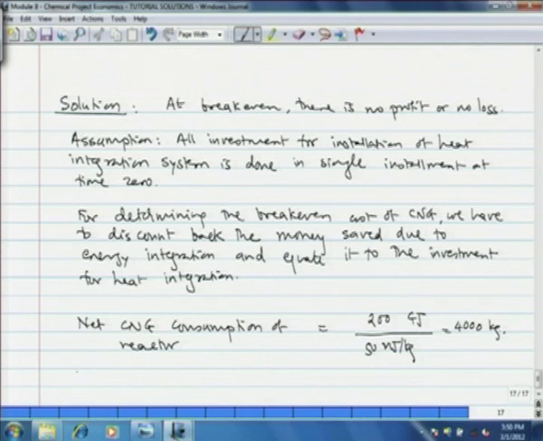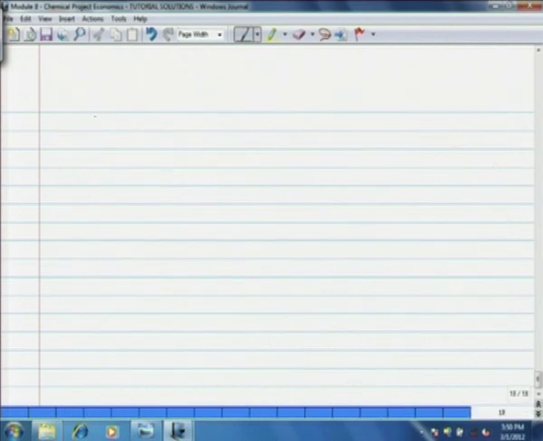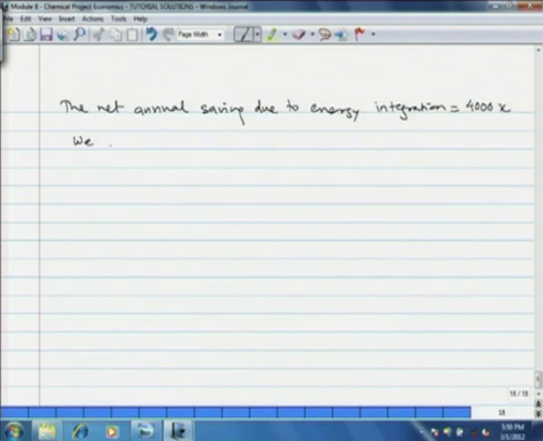Now we assume the current price of CNG to be rupees X per kg, and then the net annual saving due to energy integration is 4000 into X.